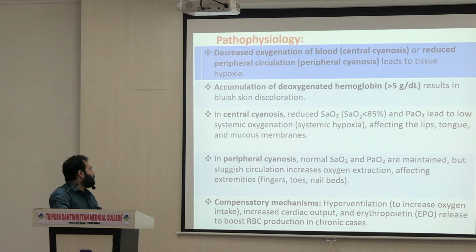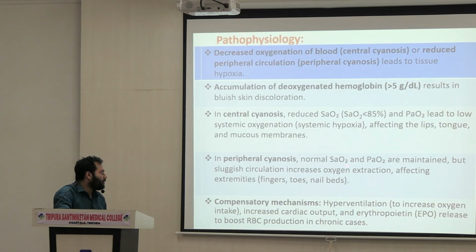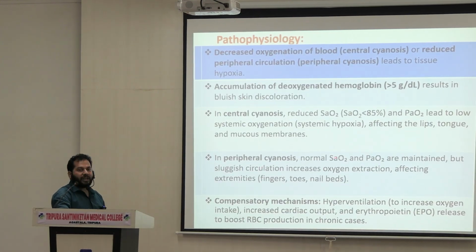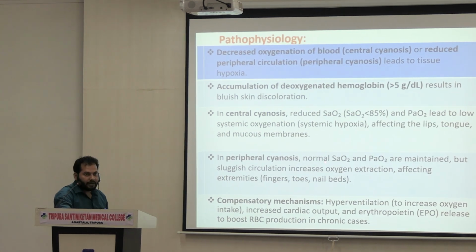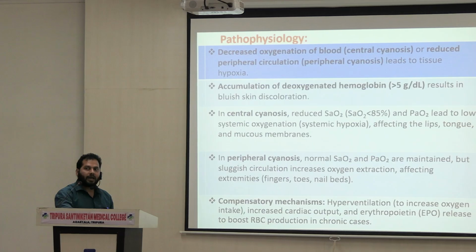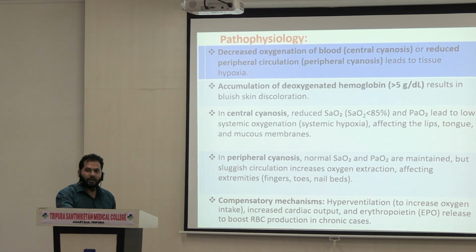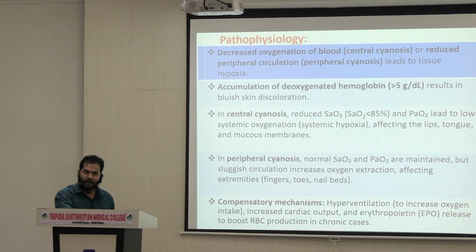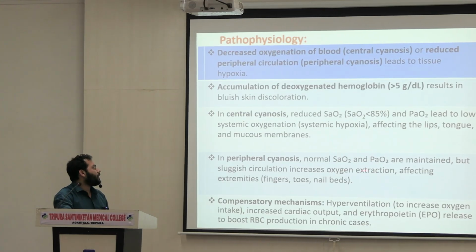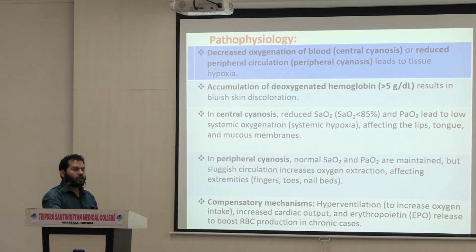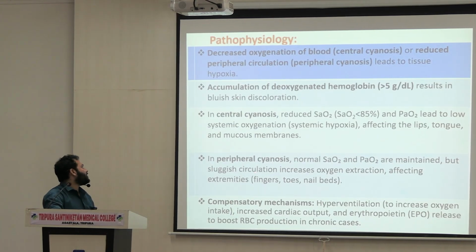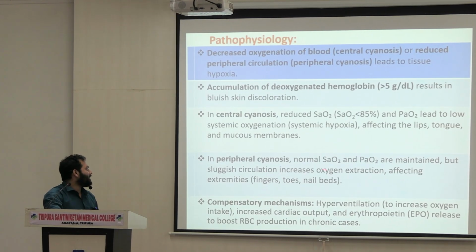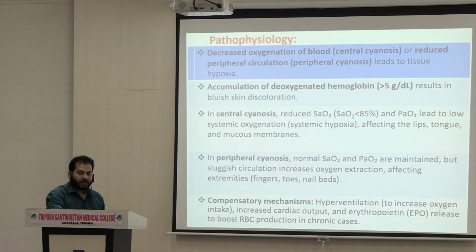How is it different from peripheral? See here, in case of peripheral cyanosis, percent saturation of oxygen is normal. Means hemoglobin carries a sufficient amount of oxygen, right? Similarly, partial pressure of arterial oxygen is also normal. Means both are normal, but there is a sluggish circulation that increases oxygen extraction.